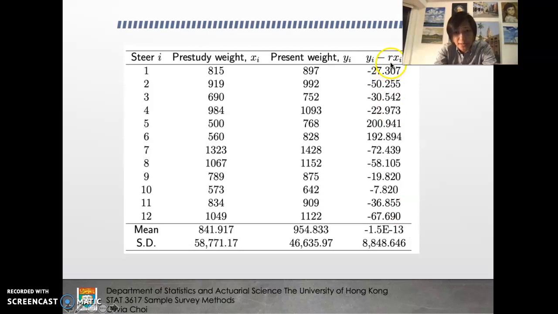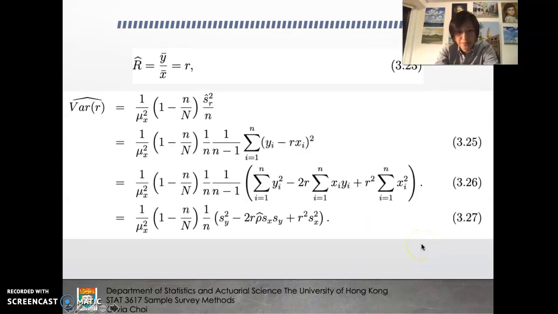And SD is the standard deviation of this column, which is equal to SR. If this data is given, then you don't need to calculate SR square because SR is already given here. So we need to square this to become SR square.